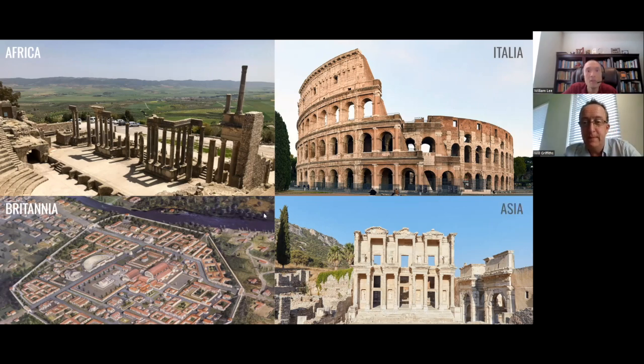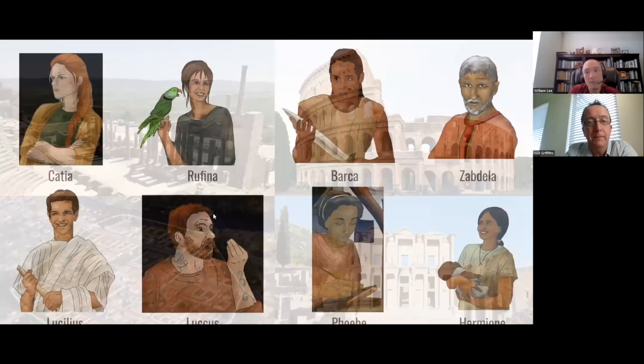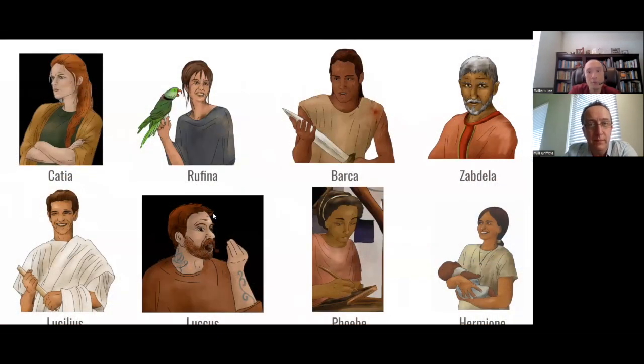As you can see, we do have Ephesus right there. And so now we're going to flip back to those characters, and I'm going to type the names in the chat for you. And in just a moment, we're going to have you see if you can place them in the right corners.